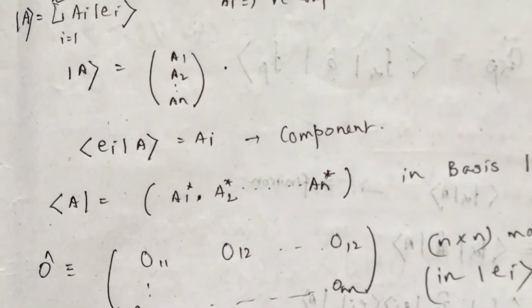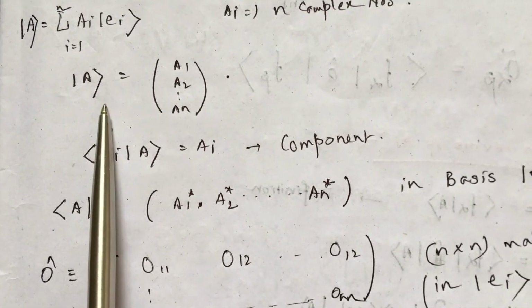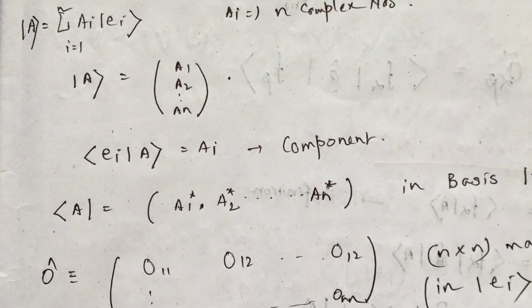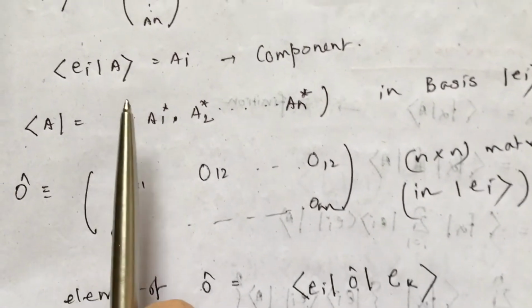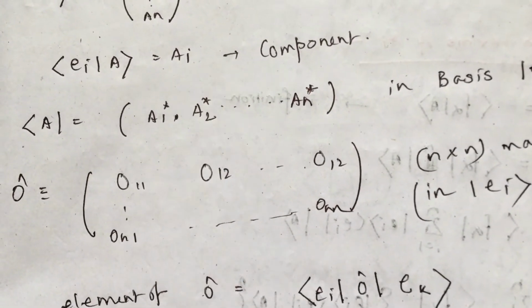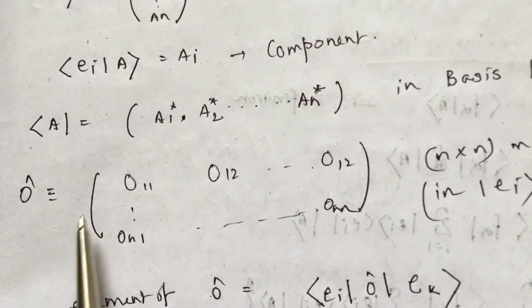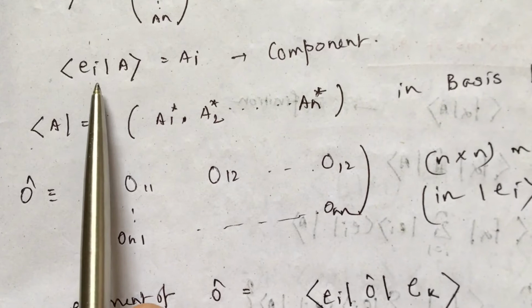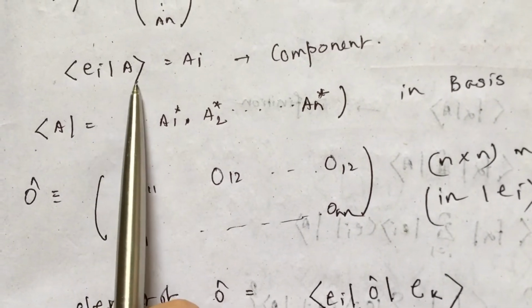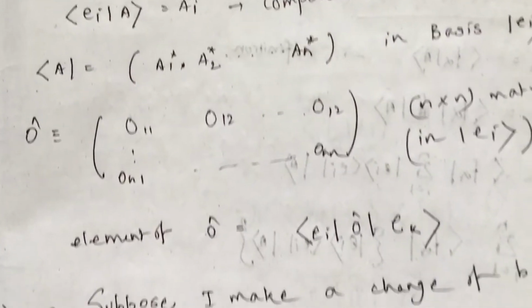In terms of matrices, this ket vector is a column matrix, a bra vector is a row matrix, and we have already calculated that the component a_i in the basis e_i can be obtained by doing the scalar product of ⟨e_i| and the vector |A⟩ itself.